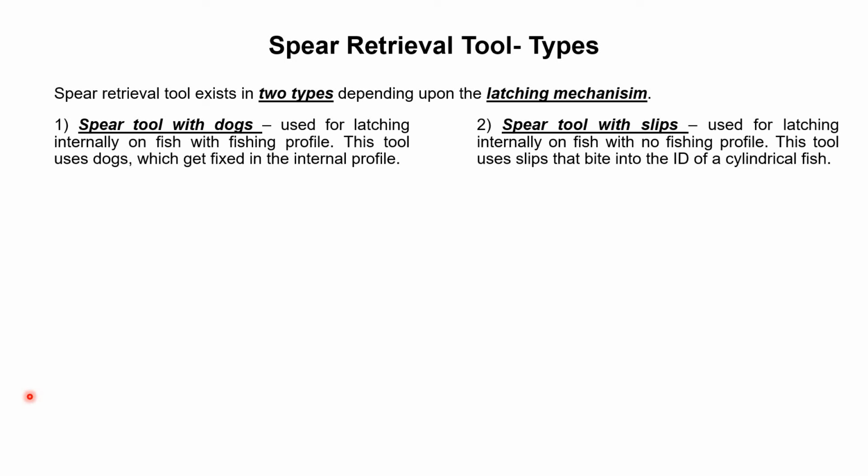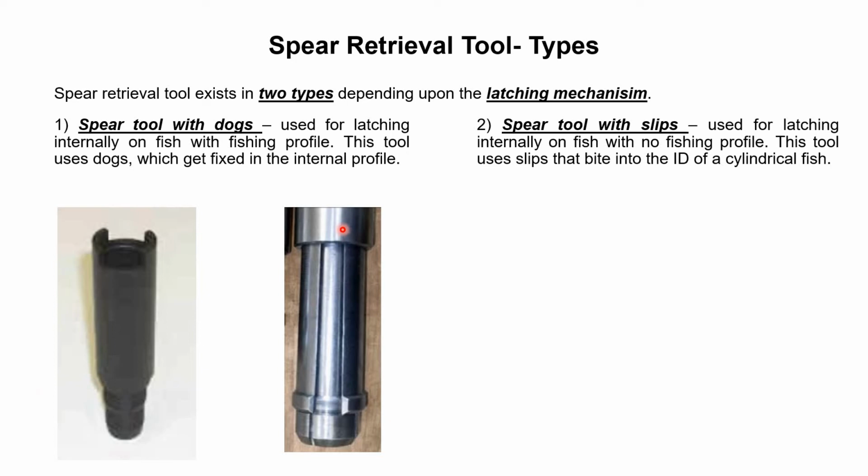Spear tool with dogs is used for latching internally on fish with a fishing profile. This tool uses dogs which get fixed in the internal profile. So the spear tool with dogs will be used for a fish which has an internal fishing profile. Internal fishing profile means its design is such that the tool will go inside it and will fix. So this is basically a spear tool with dogs.